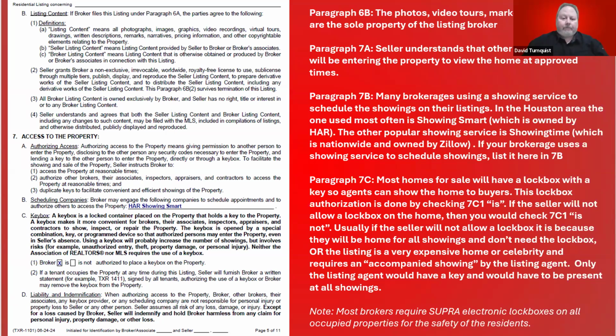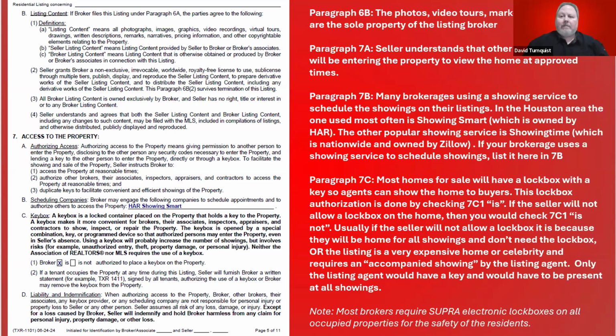All right. Paragraph 7C talks about a key box, which is more commonly called a lock box. Is the seller going to allow me to put a lock box on the house? In most cases, yes, because if I can't put a lock box on the house, how are other agents going to get in there? I'm not going to drive over there every day with a key.